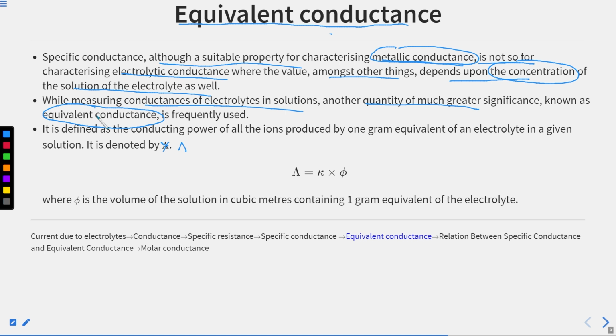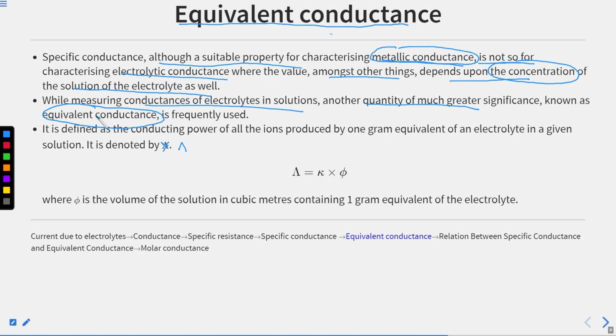So what is this equivalent conductance? It is the conductance of all the ions that are produced by 1 gram equivalent of that electrolyte. One more time, what is this equivalent conductance? It is the conductance offered by the ions present in 1 gram equivalent of an electrolyte.